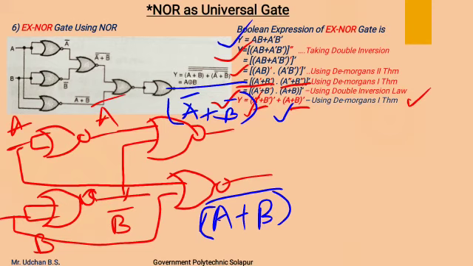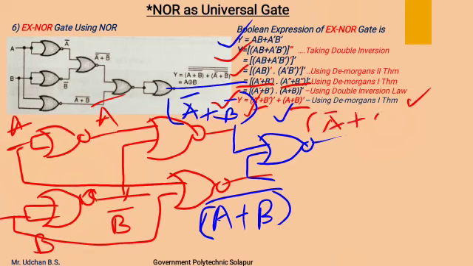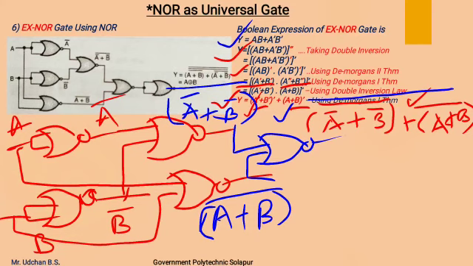Now to add both these terms, I will use another NOR gate and connect this output to that NOR gate. So I can get the boolean expression over here, A complement plus B complement its complement plus A plus B complement, their whole complement.